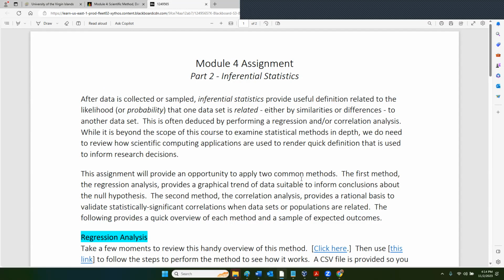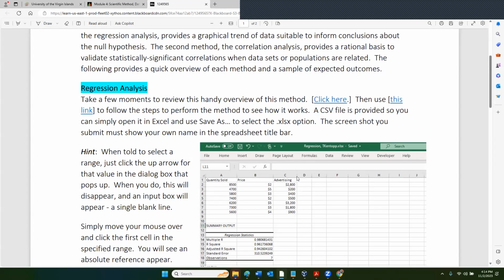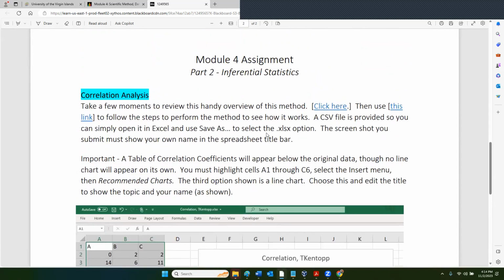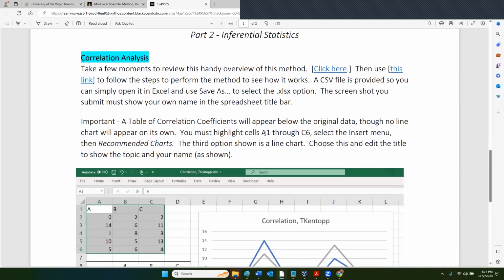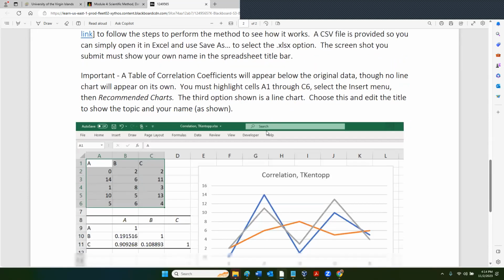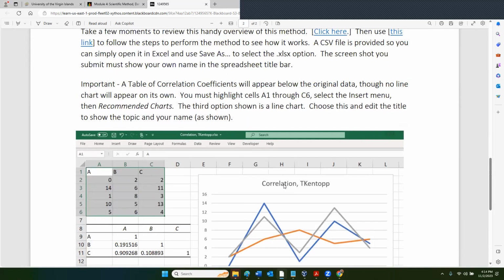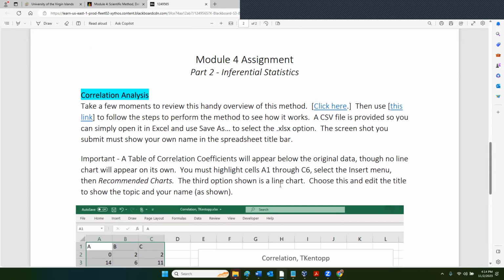Now, the first thing you'll do is perform a regression analysis, and then you're going to analyze data to see if there's a correlation. Based on the value of the output, which is a p-value, you can determine whether something is correlated or not.